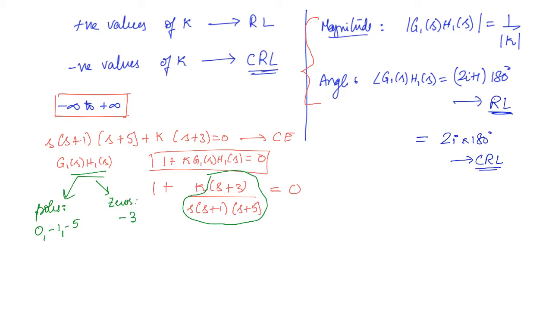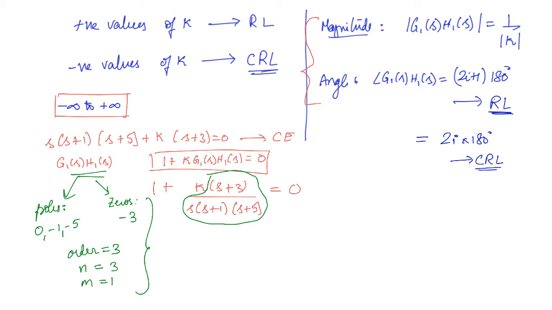Now what is the order of this characteristic equation? The order of the characteristic equation is 3. And the number of poles is 3, the number of zeros is 1. So this is the initial information that you will have to obtain before constructing the root locus.